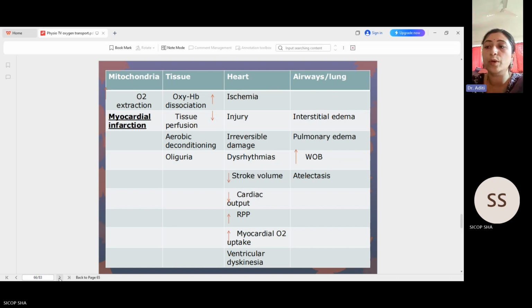Cardiac output is going to go down. The stroke volume is going to go down, and myocardial oxygen uptake will increase. We can also see ventricular dyskinesia after an MI. In the airways again, there will be interstitial edema, pulmonary edema, or in the worst cases atelectasis can also be seen, and increased work of breathing will be there.